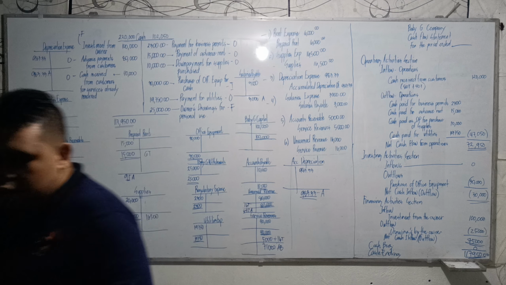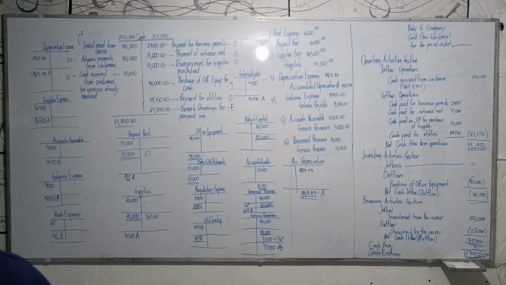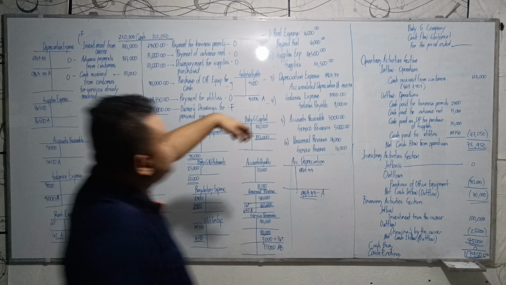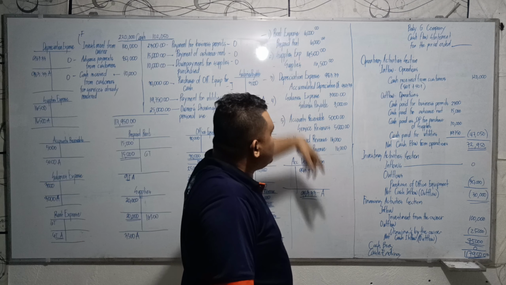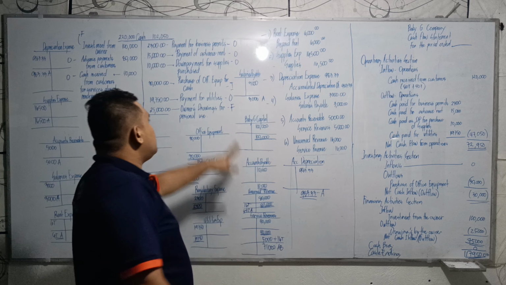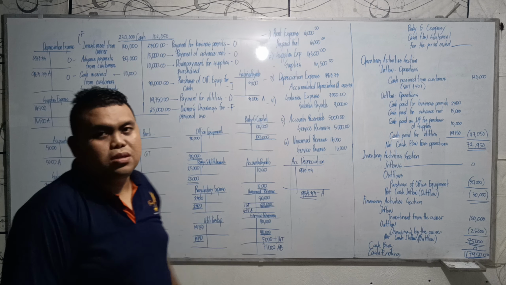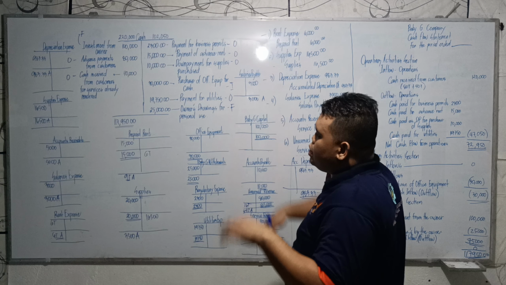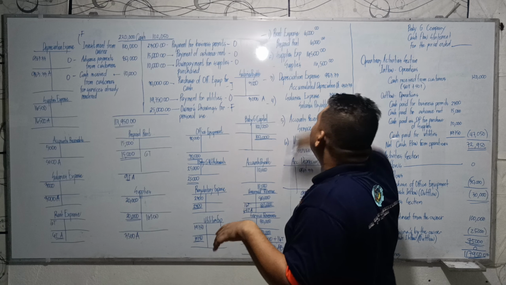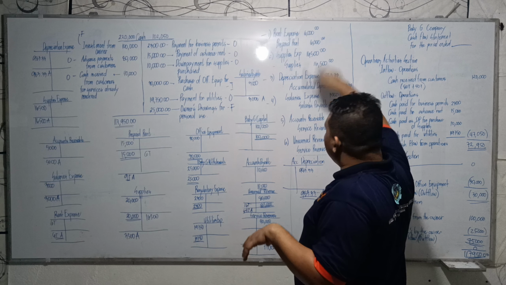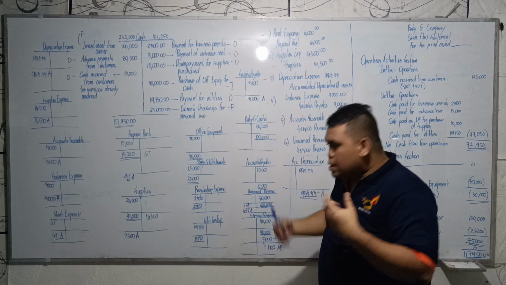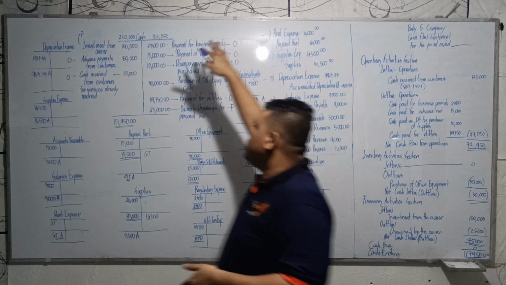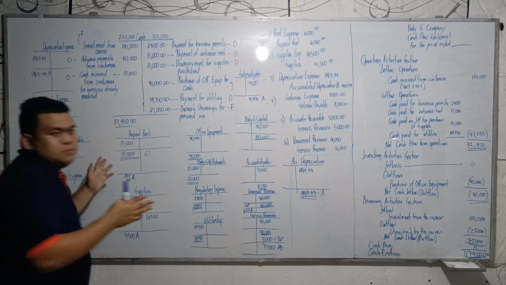So, if you are already masters of adjustments and adjusting journal entries, of course, you will have this already. And if you have this, you just have to post that on the T accounts or the ledgers. Okay, so what will happen? First, the other accounts will be adjusted. Those accounts that are here will be adjusted. But as you notice, there are some other accounts that were not adjusted.